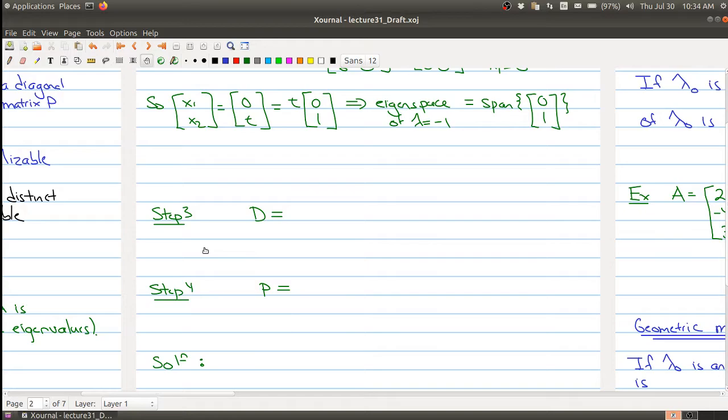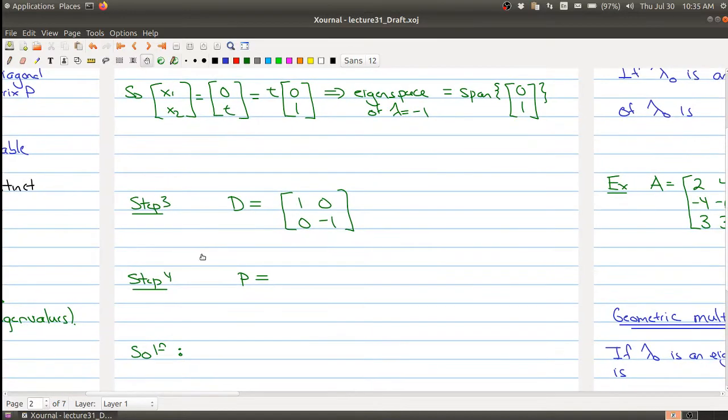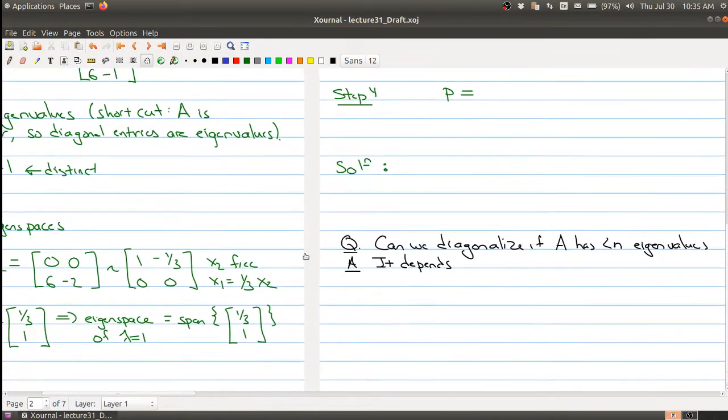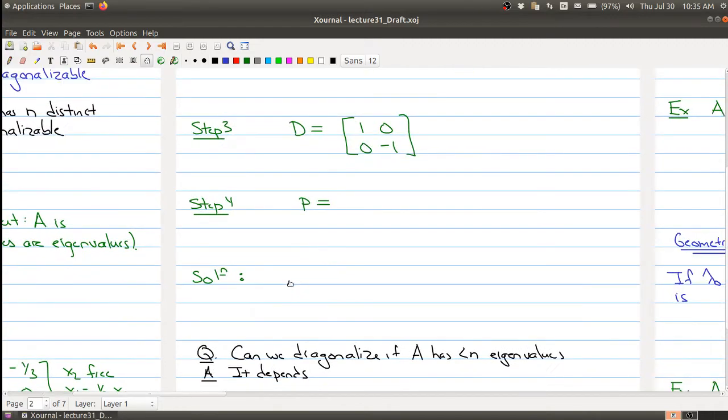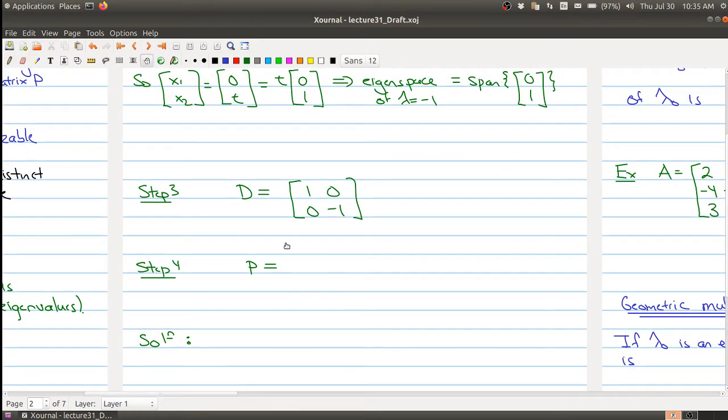And once you have this information, you're almost done because now you just have to put the information into the correct place. For the matrix D, you make a diagonal matrix where the diagonal entries are the eigenvalues. For the matrix P, I need the basis element here and the basis element here. Since the first eigenvalue has an eigenspace whose basis is (1/3, 1), that goes into the first column.